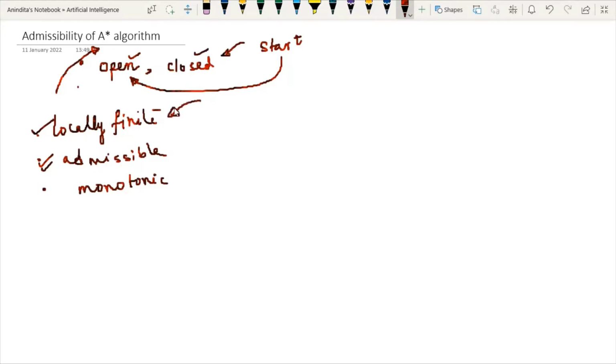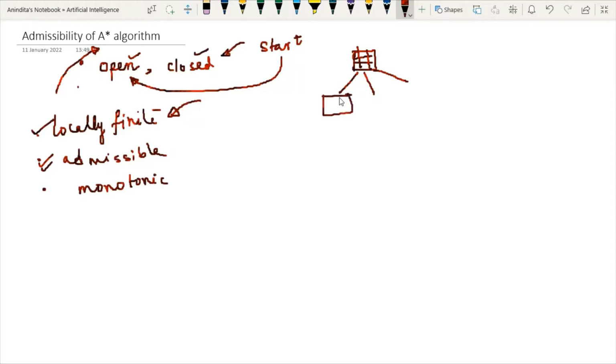Now the term locally finite graph means it is a graph where none of the nodes has an infinite branching factor. Whenever we were discussing the 8 puzzle problem, we found that we have many branches, right?